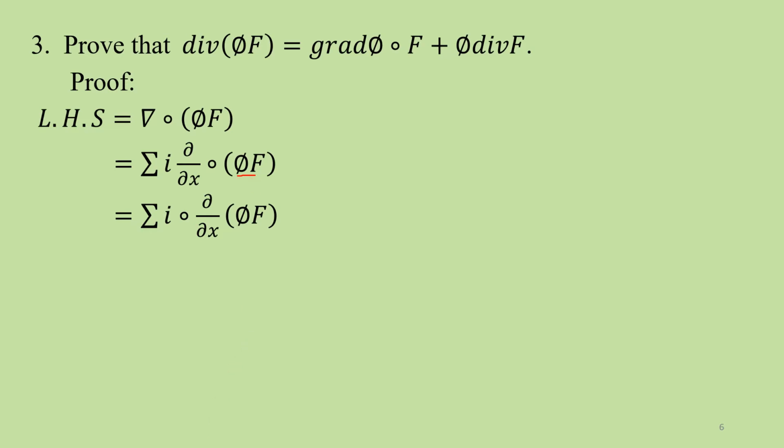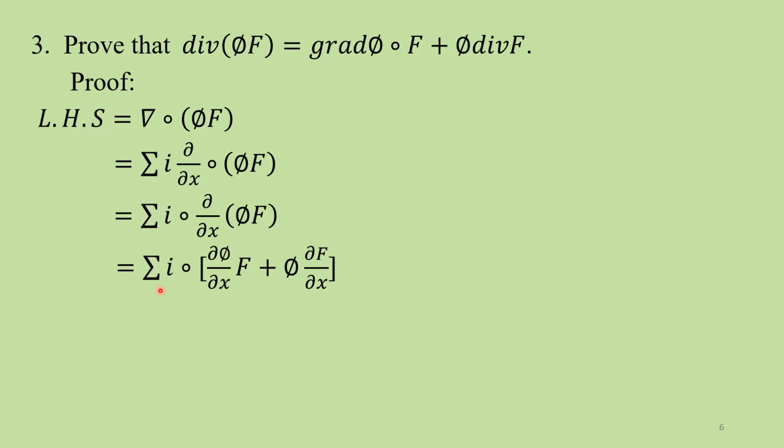Summation i of i dot dou by dou x of phi f means you have to differentiate phi f partially with respect to x using the product rule. So derivative of the first function into the second plus first function into derivative of the second. So I have summation i of i dot dou phi by dou x into f plus phi times dou f by dou x. Now we have two terms, we can split this summation.